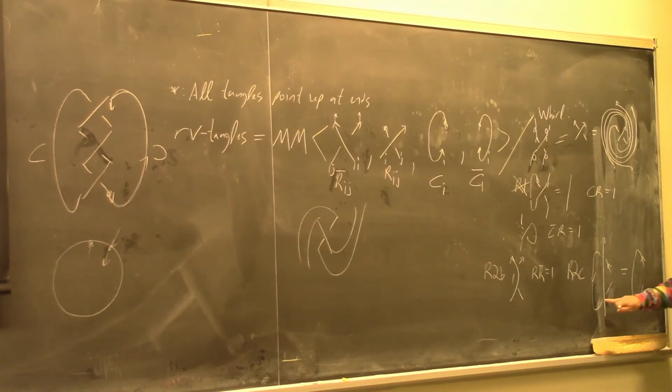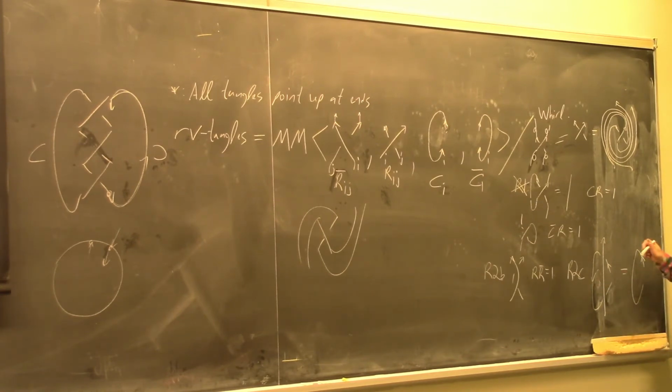So, again, it's a Reidemeister move in which the orientation inside is cyclic for the bigon. But all the generators are written with things pointing up, except that there is an extra generator. There is a C here and a C here.